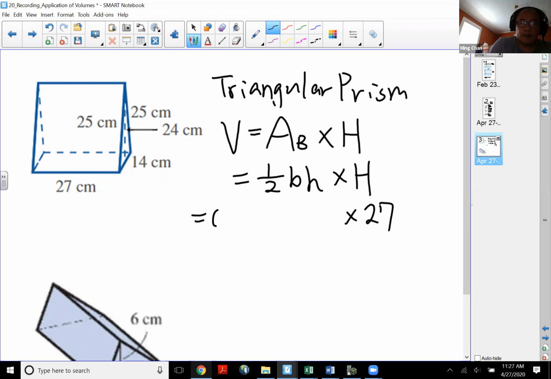All right, 0.5 times the base of my triangle, 14. The height of my triangle, 24. There you go. So that would be what we're going to key in.